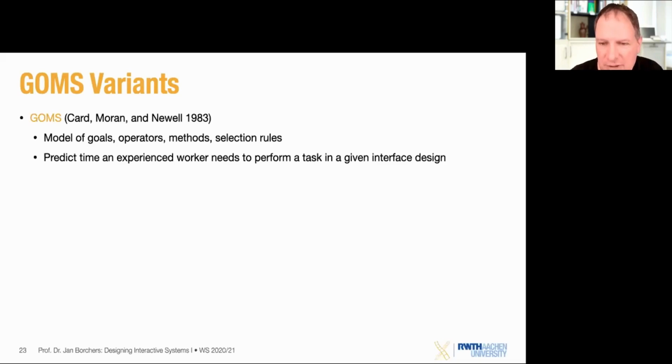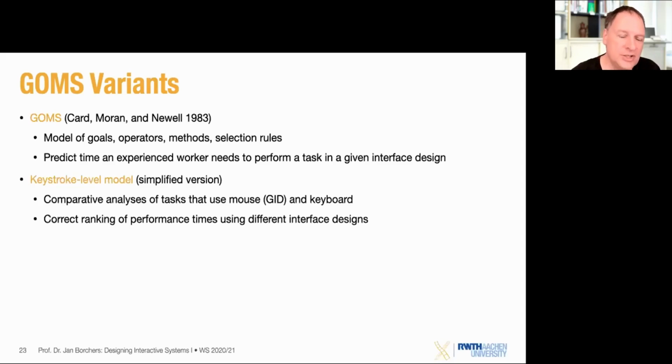But GOMS was extended in different ways. One extension was actually a simplification. And that's also covered by Card and his colleagues. It's called KLM, keystroke level model, or KLM GOMS sometimes. What it does, it leaves in the idea that you have these individual operators to do stuff, but it removes the rest of the tree, of the GOMS tree.